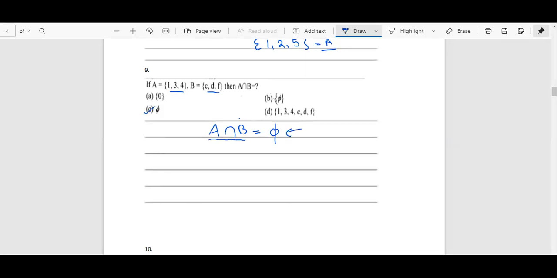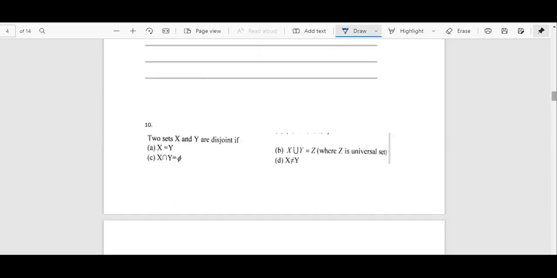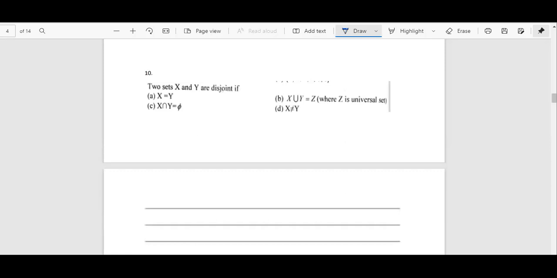All right. Now let's talk about the 10th question. The 10th question says two sets X and Y are disjoint if. Disjoint basically means that X and Y are going to be separate. In other words, they would have nothing in common, right?